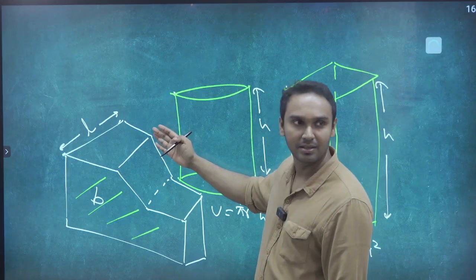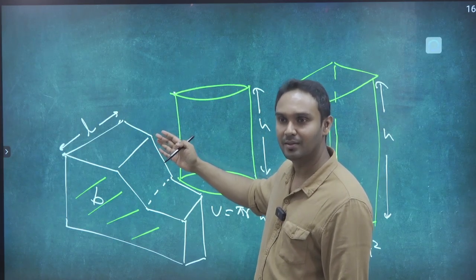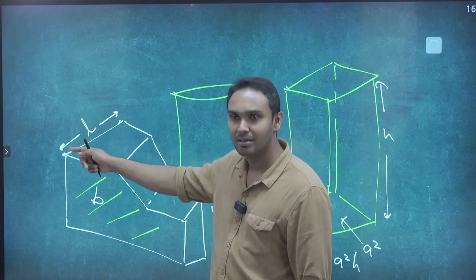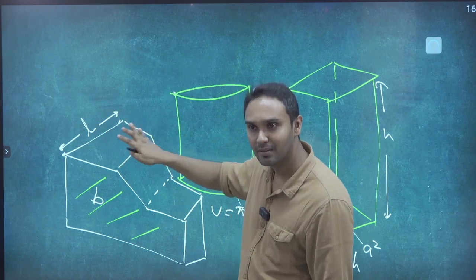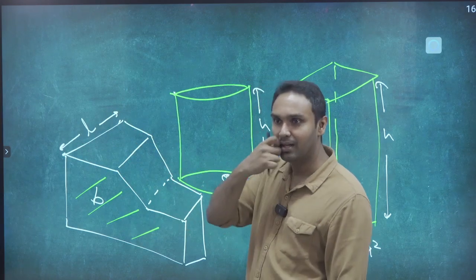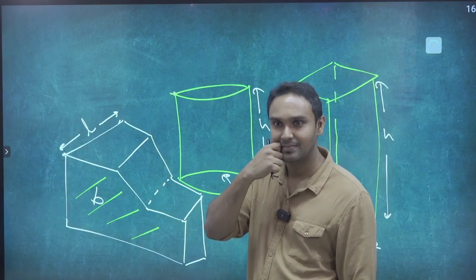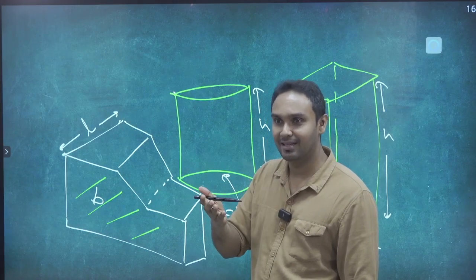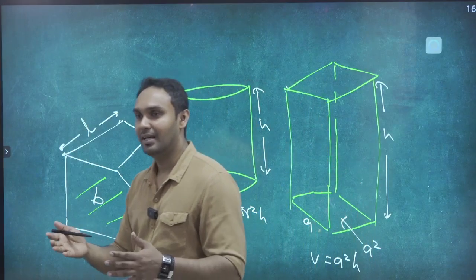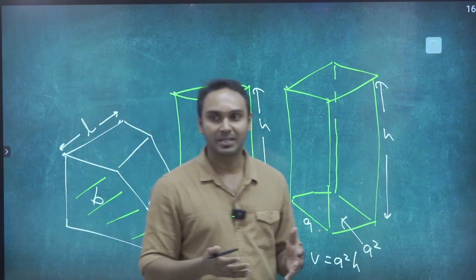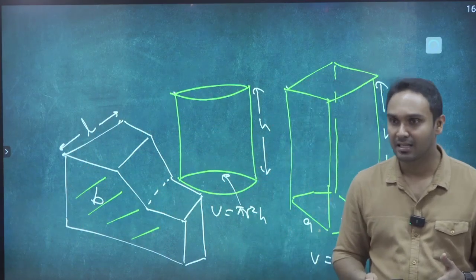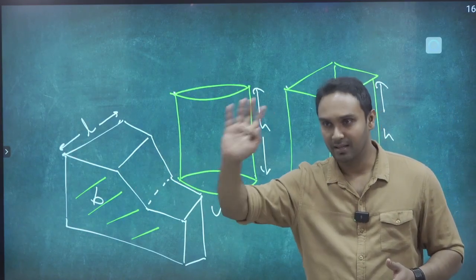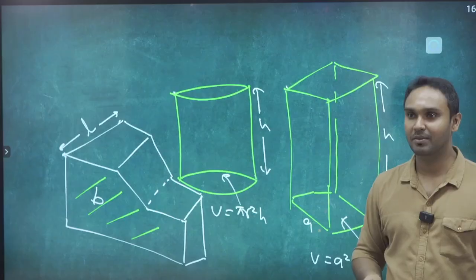It's continuing. So this cross-sectional area times this length will give the whole volume of it. That's what I said. Of each and every uniform object, the cross-sectional area times the uniform length towards that way will give the complete volume of it.